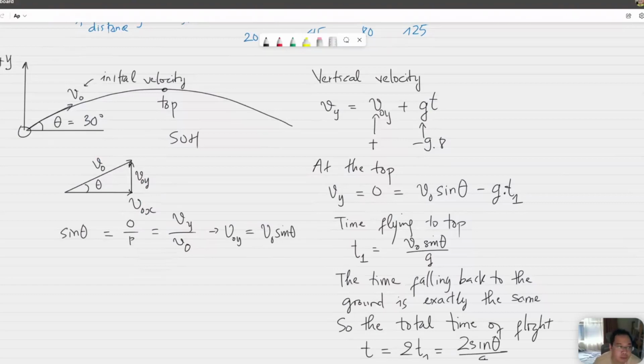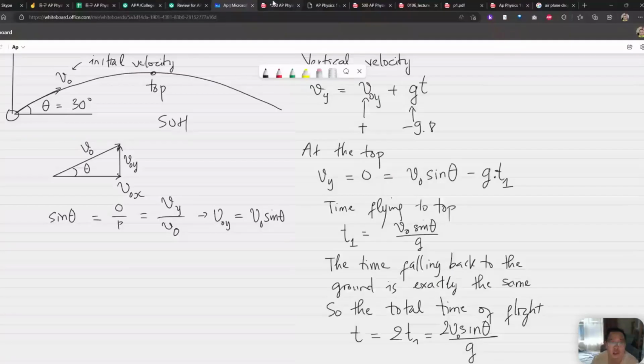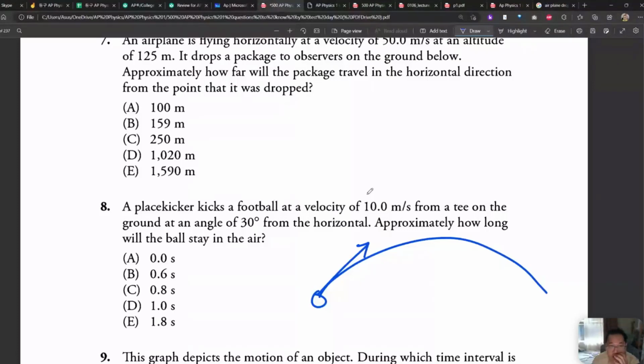In our problem, kicking a ball, the angle is 30 degrees and the initial velocity is 10 meters per second.